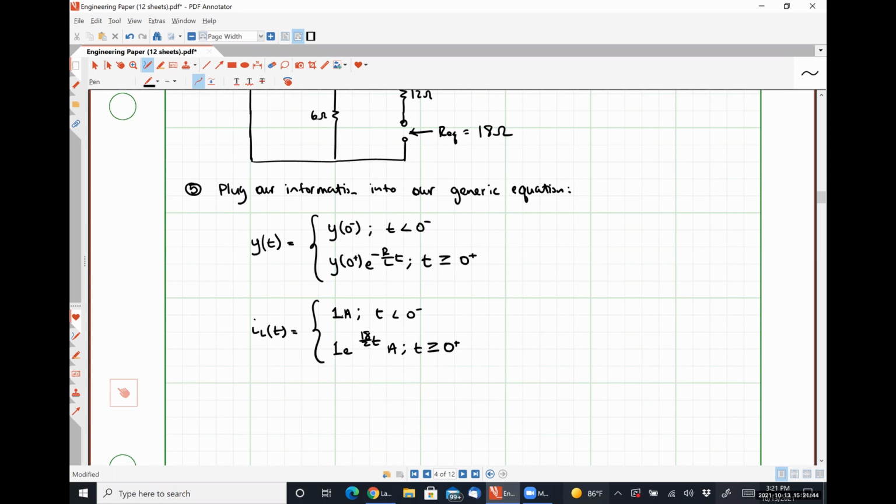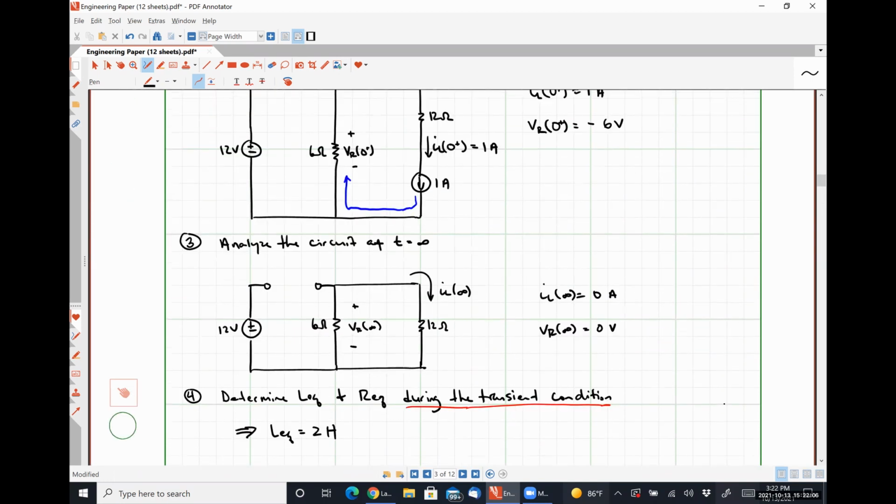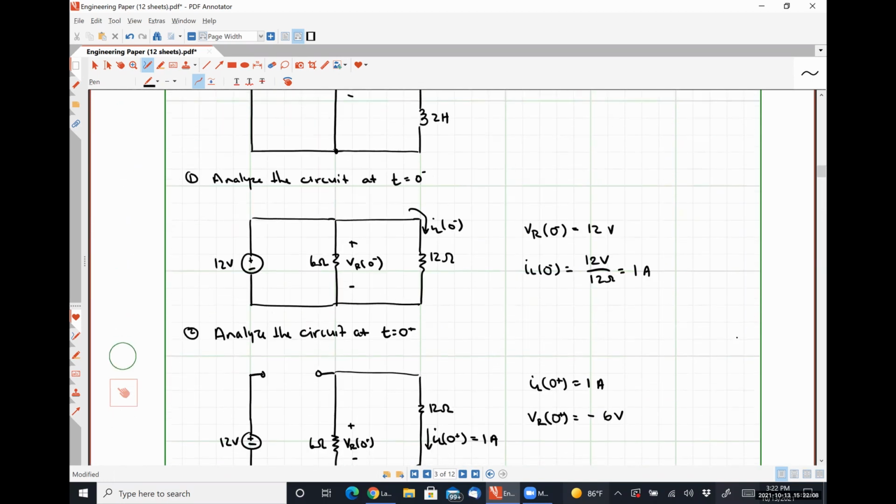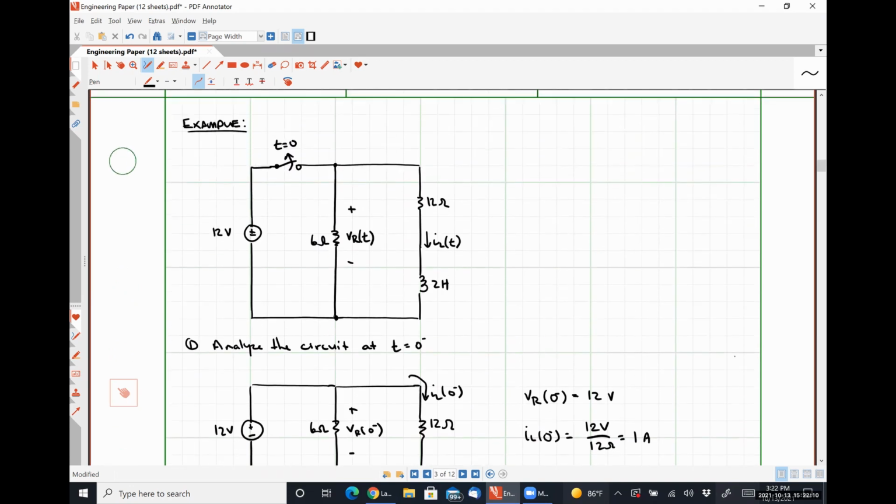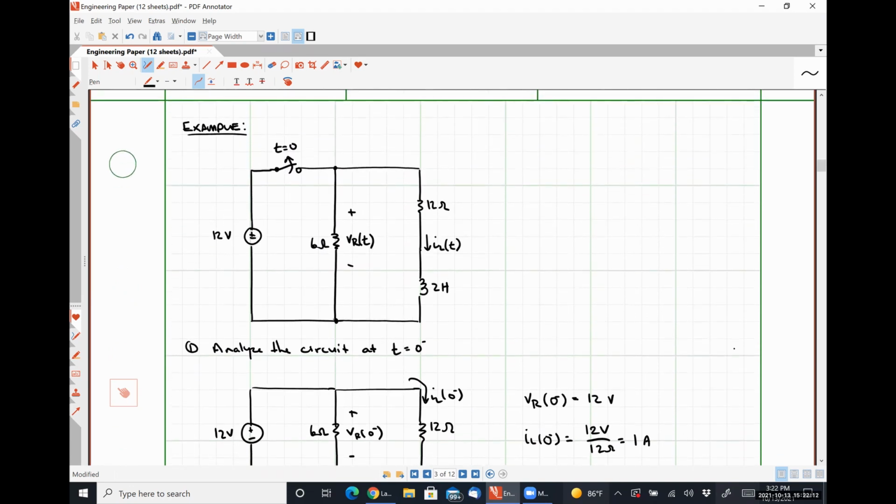So I want to take what we have right here. We're not going to use our generic expression. I want us to determine how the resistor voltage absolutely has to behave, because we know that the inductor current behaves like this, right? We've mathematically derived that it has to behave like this in order to satisfy our system equations. So let's scroll up here and look at what's going on, okay?